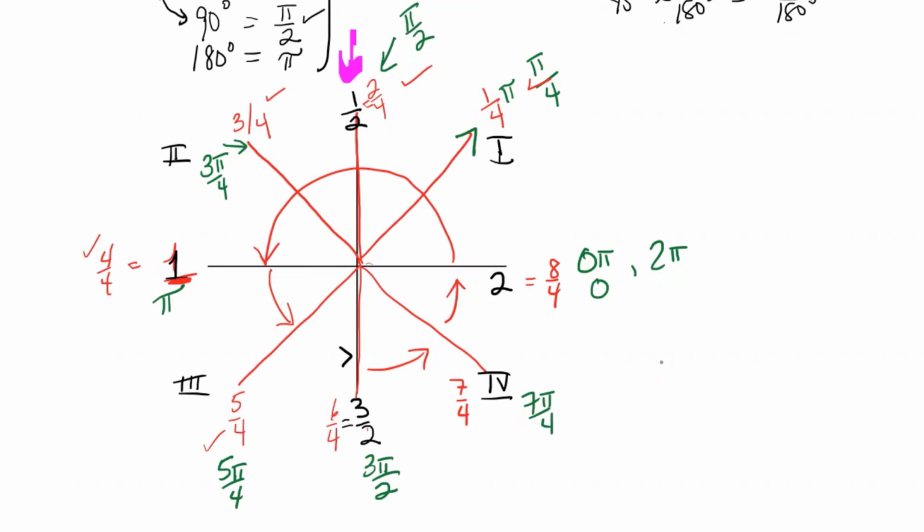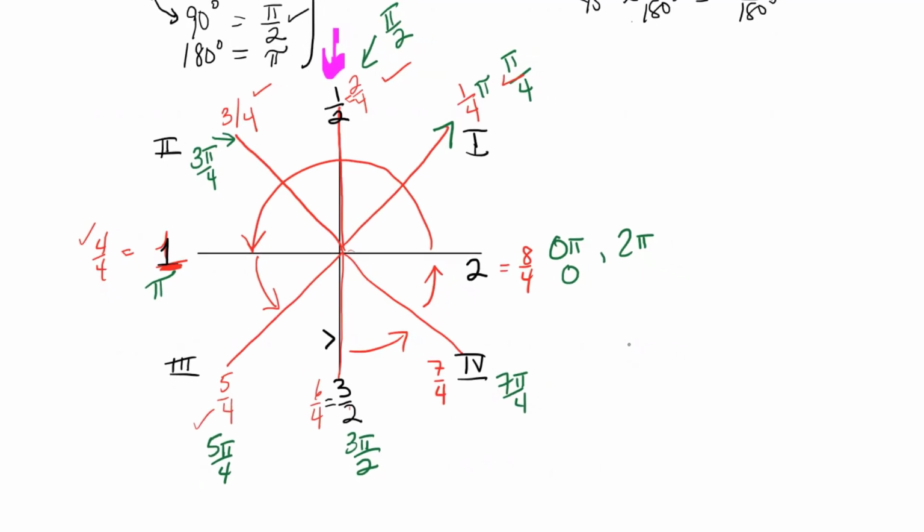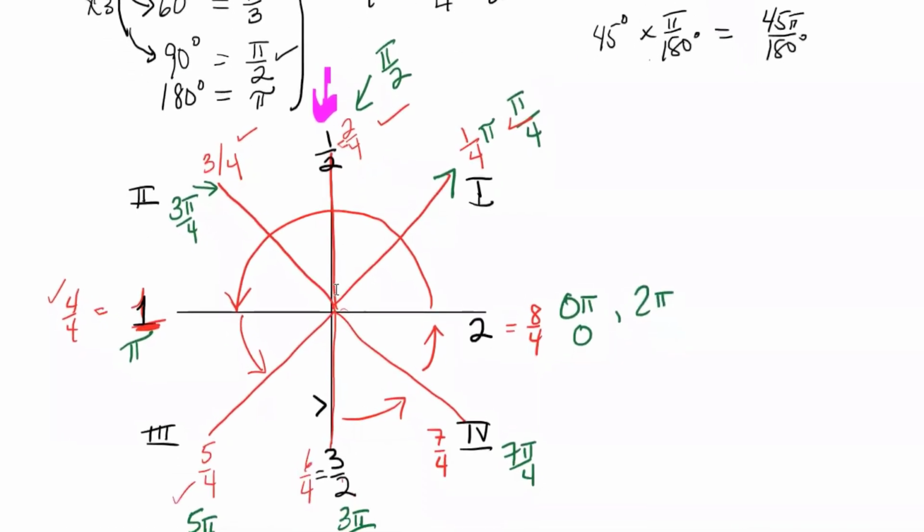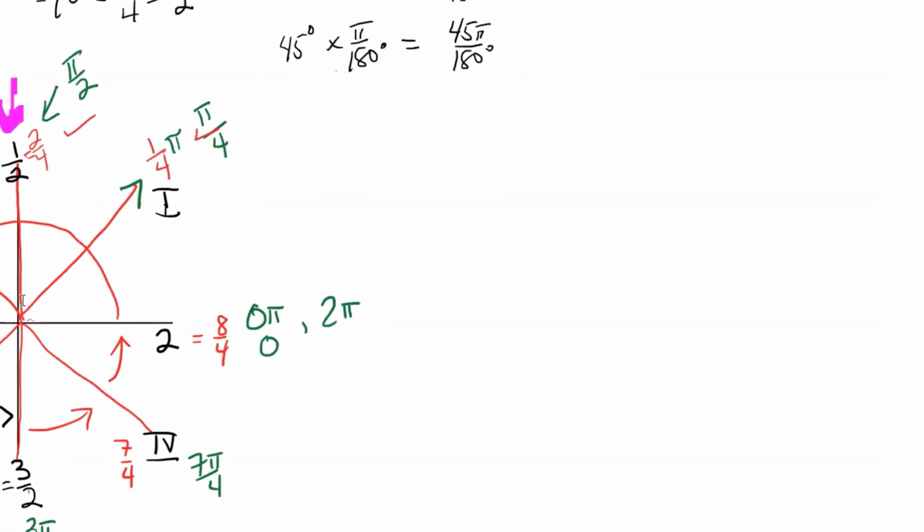Let's do one that shows us all the multiples of 30 degrees. Do you remember up here, 30 degrees was pi over 6. You see how the pi over 4s divide the top half, the semicircle, into 4 pieces? So what would the multiples of 30 degrees, or pi over 6, do? You're going to divide it into 6 pieces.